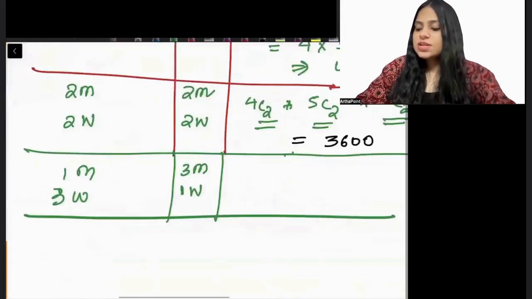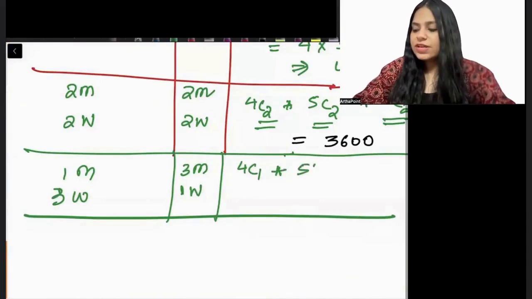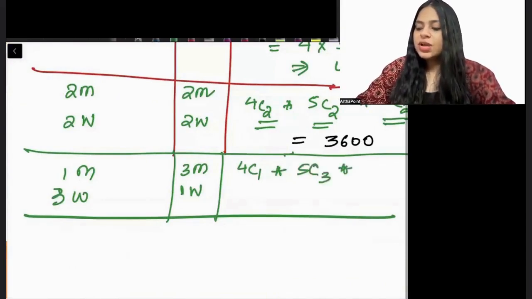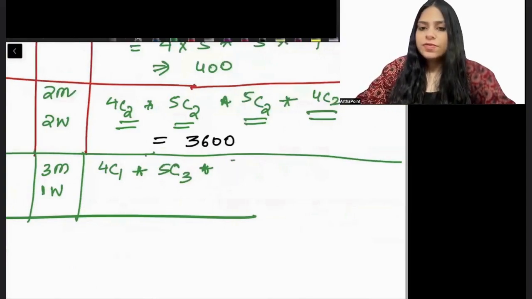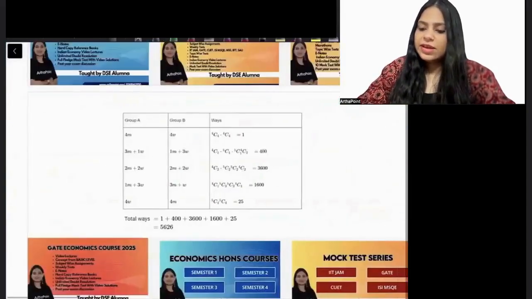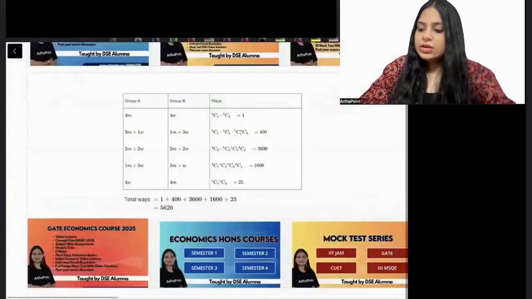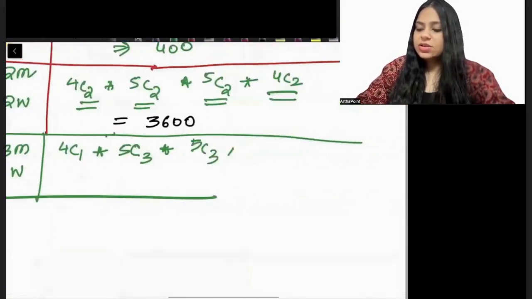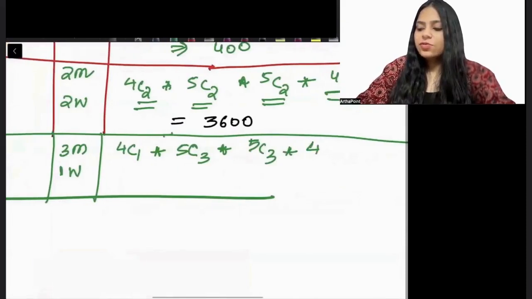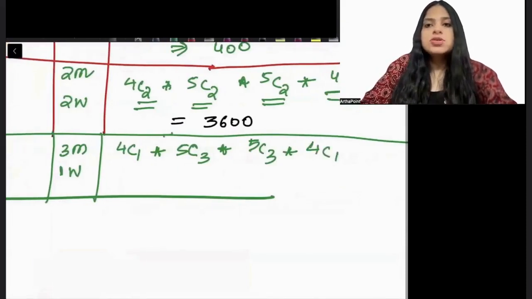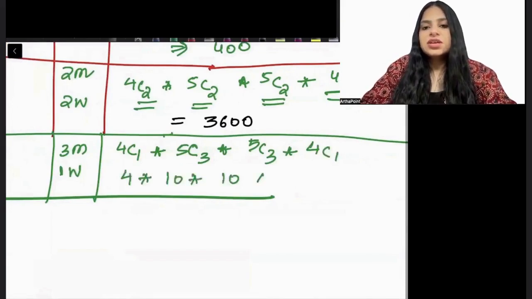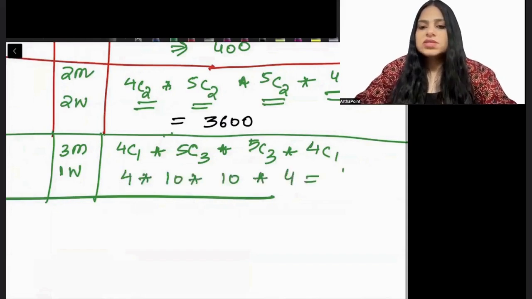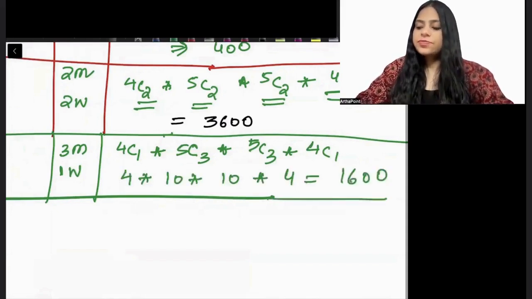Out of 4, I'm selecting 1. How many women? 5. Out of 5, I am selecting 3. How many men in group 2? 5 men. Out of 5, I need 3. And women, I think we had 4. Out of 4, I need 1. So 4C1 is 4, 5C3 is 10, 5C3 is 10, and 4C1 is 4. Just solve this up. This will give you 1600.